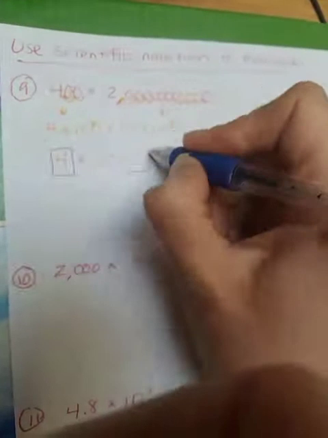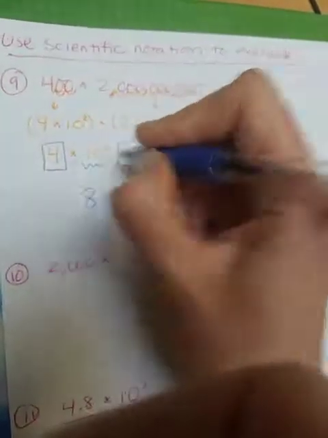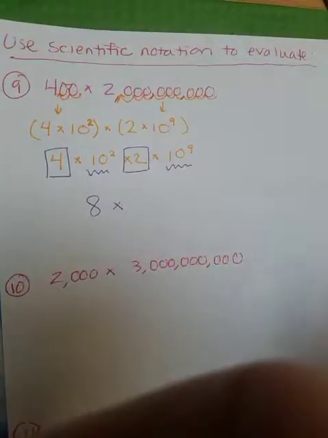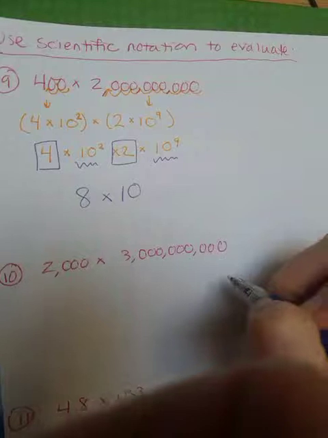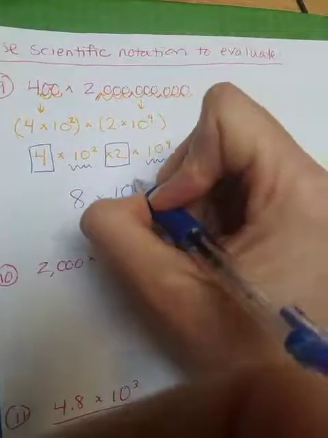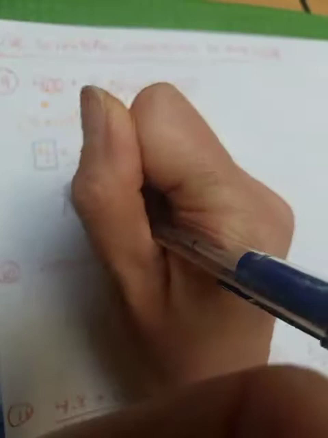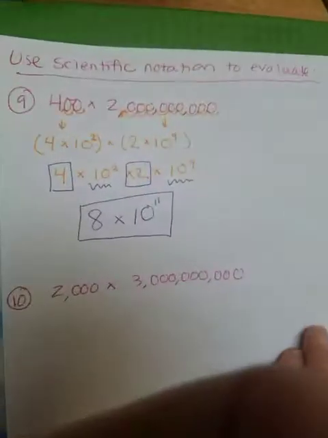So 4 times 2, that's 8. 10 squared times 10 to the 9th, that's using your properties of exponents when you have the same base. So I keep the base and I add the exponents 2 and 9. 2 plus 9 is 11. And that's how we would like you to leave your answer. Please don't write it out with the zeros.